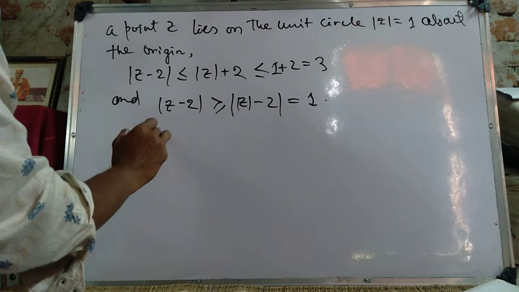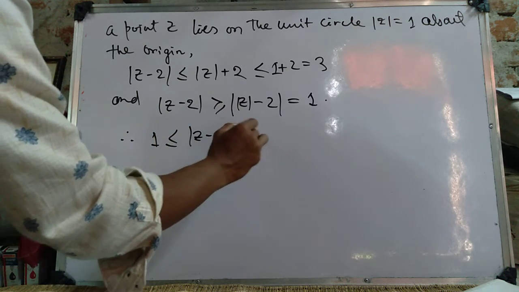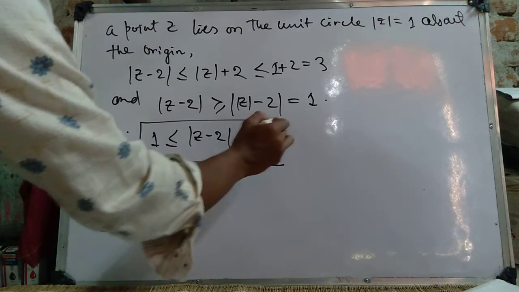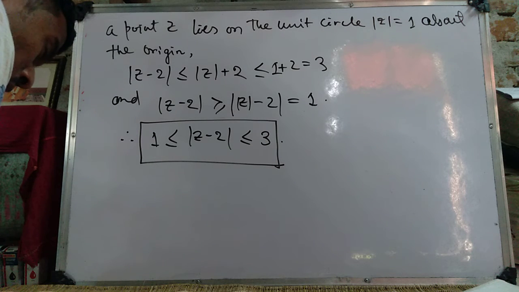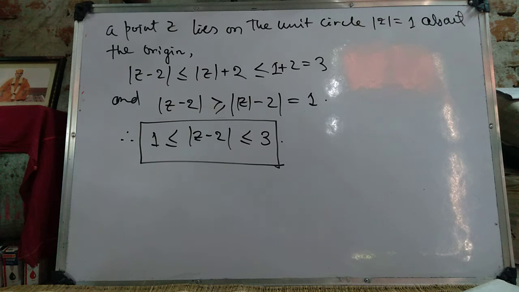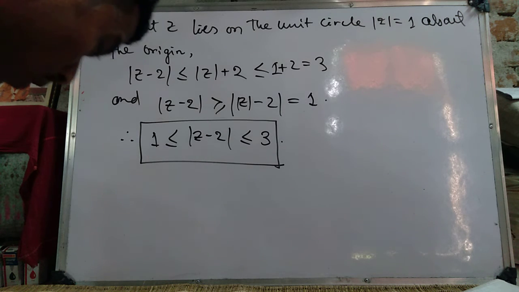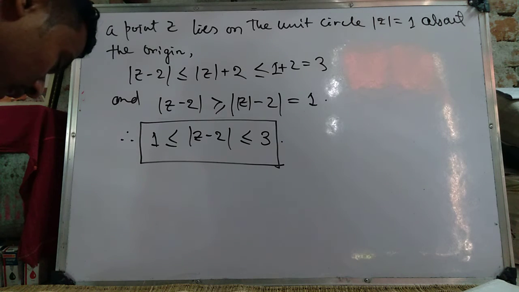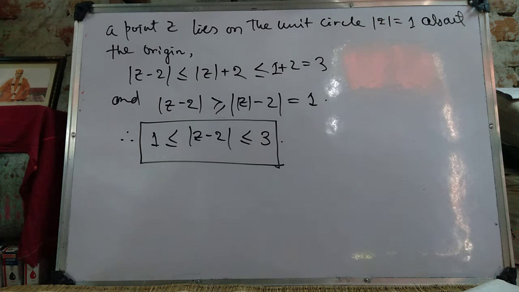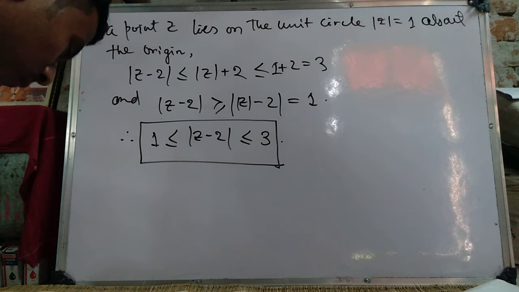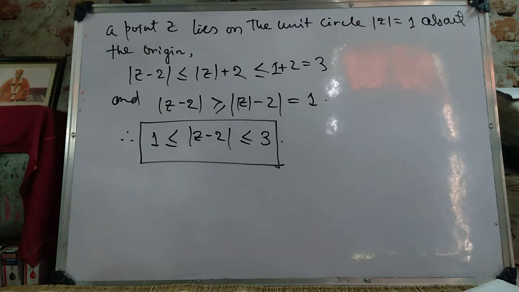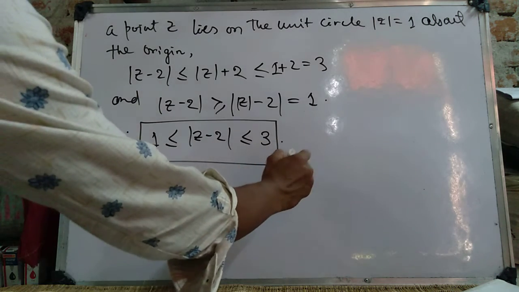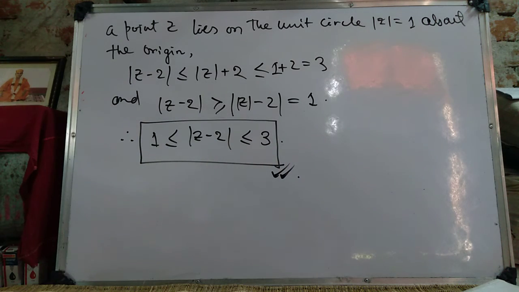So we get 1 ≤ |z − 2| ≤ 3. How do we develop this? We develop it in this way: z lies on the unit circle, |z| = 1 about the origin, and we also get this inequality: 1 ≤ |z − 2| ≤ 3.